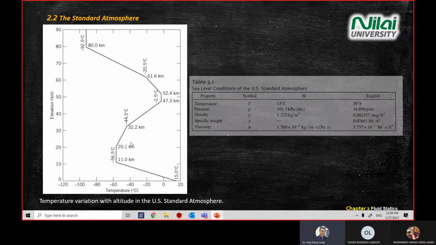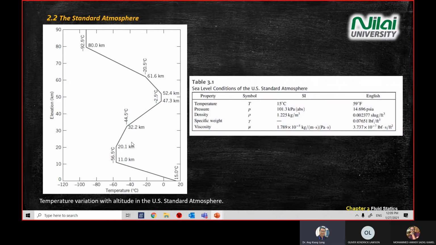Then there is a table that I also included in your handout. This is table 3.1. It tells you the standard parameters that we have.